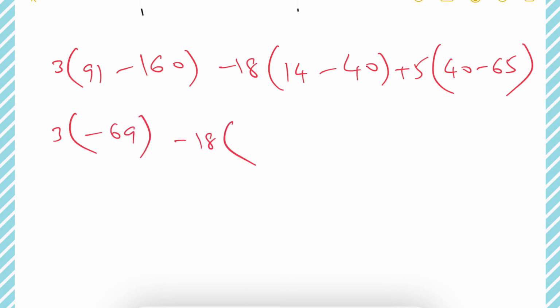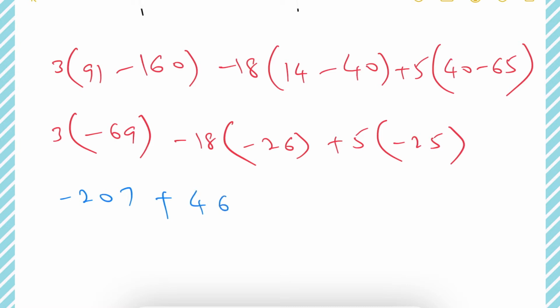Next, minus 18 into 14 minus 40, minus 26, plus 5 into 40 minus 65, minus 25. Let us simplify this further. 3 into minus 69, minus 207, minus into minus, plus 18 into 26, 468, plus into minus, minus 25 into 5, 125.